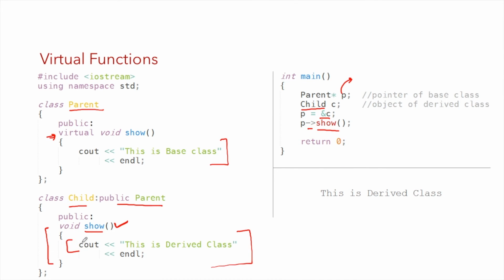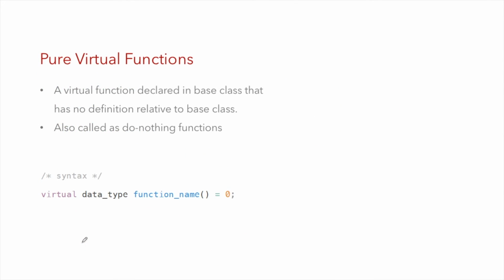Okay, now let us try to understand one more concept, that is pure virtual functions. As I explained in the first slide related to virtual functions, there could be cases wherein you can implement your base classes, but certain functions need not have definitions inside your base classes.